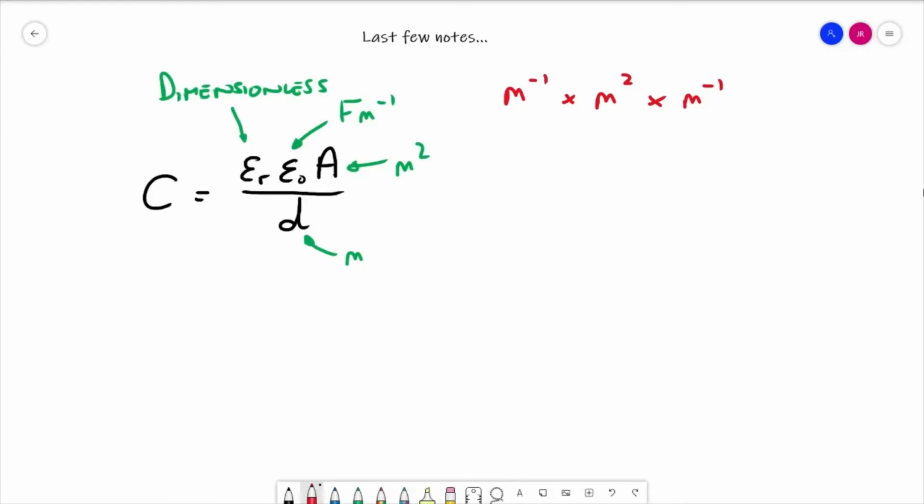And when you do that, when you add up all your indices, -1 plus 2 plus -1 ends up as 0 anyway, so that gives us metres to the 0, and that makes it dimensionless as well, so they all cancel each other out, and what we're left with for the unit of capacitance is just capital F, which is the unit farad, named after Faraday.